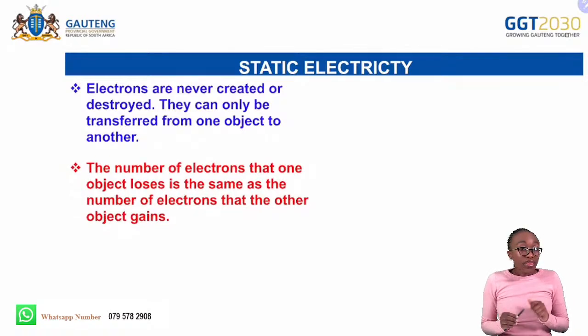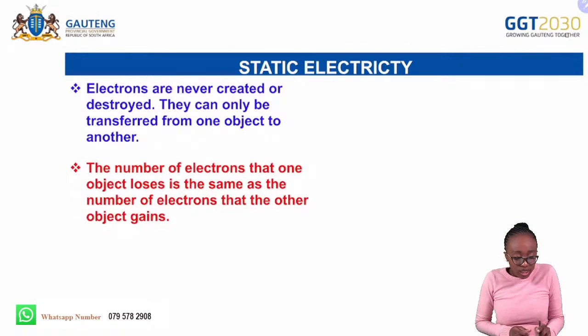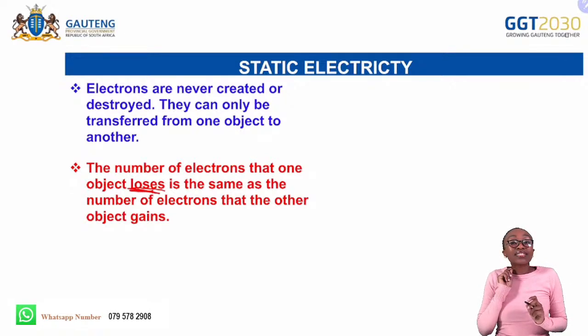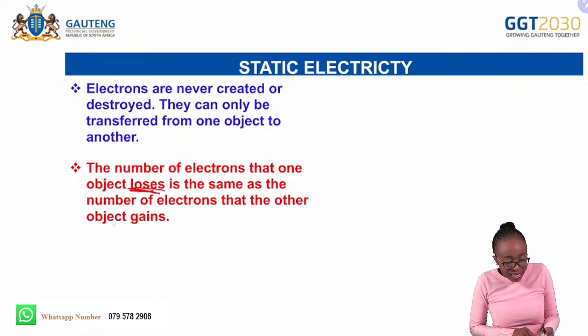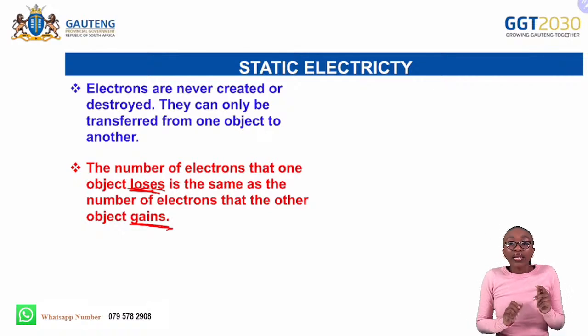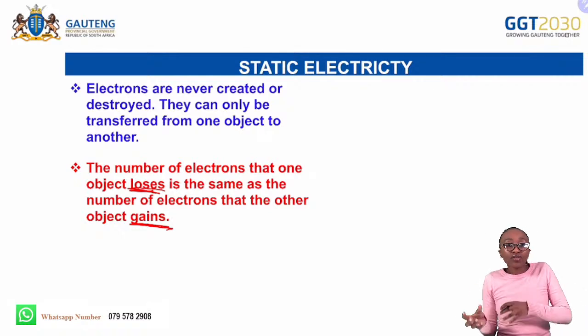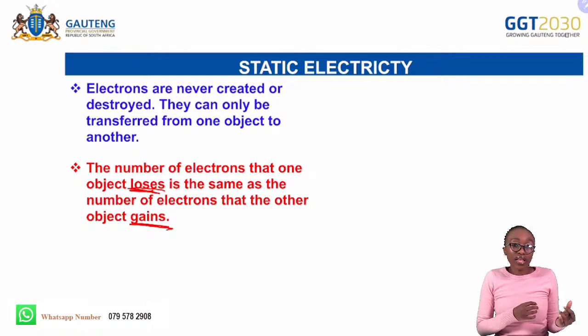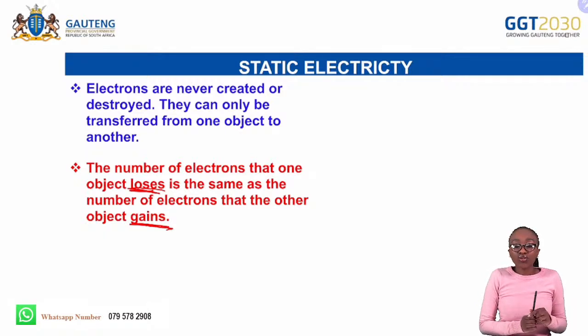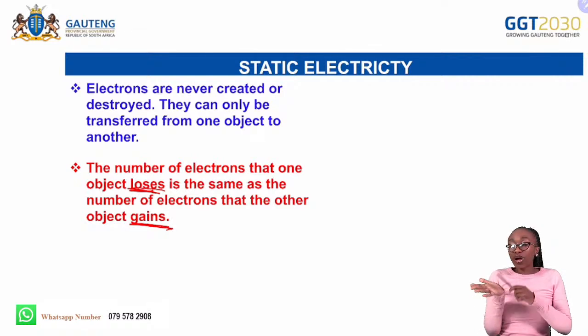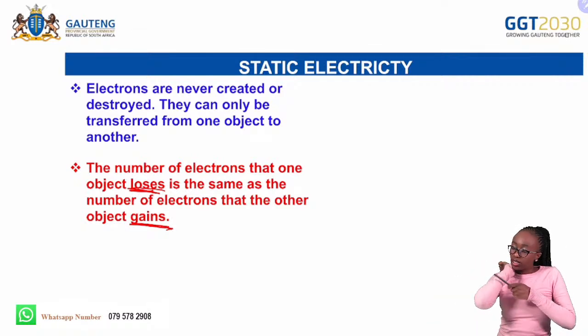Now that we know that the number of electrons that one object loses is the same number of electrons that the other object gains. Let's say you are rubbing two objects together. Remember I said electrons move from one object to another. And we have two electrons moving from, let's say we're rubbing this pen on my jersey like this.